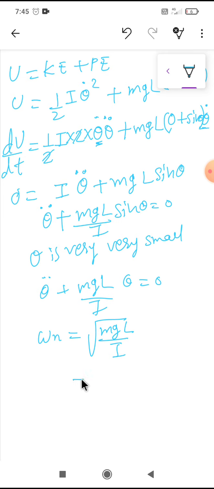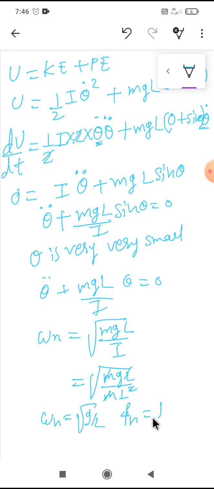That is mk square, and here the radius of gyration is the length, so we'll get mgl upon ml square. So l cancels, and we have got the natural frequency as the square root of g by L. If I want to write it in the form of linear frequency, we will write 1 upon 2 pi times the square root of g by L. So the same equation we have obtained with the help of the energy method also.